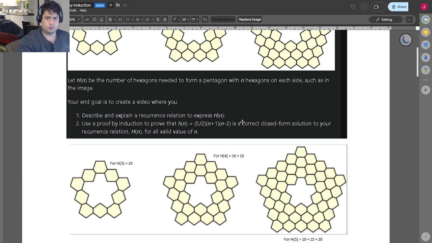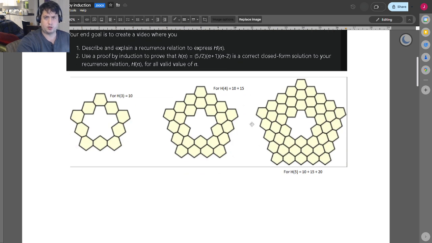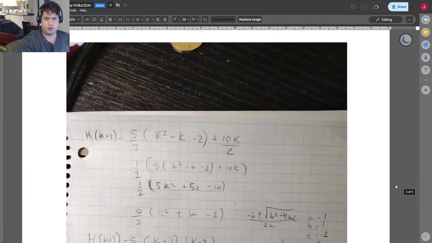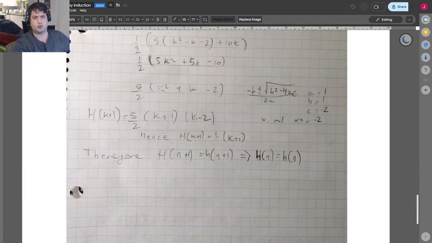So we have proven that it's a correct closed form solution. I was trying to see if there was a special name for that function, but it seems that it's just what was given. Therefore, uppercase h of k plus 1 is equal to lowercase h of k plus 1, which means that h of n is equal to lowercase h of n.